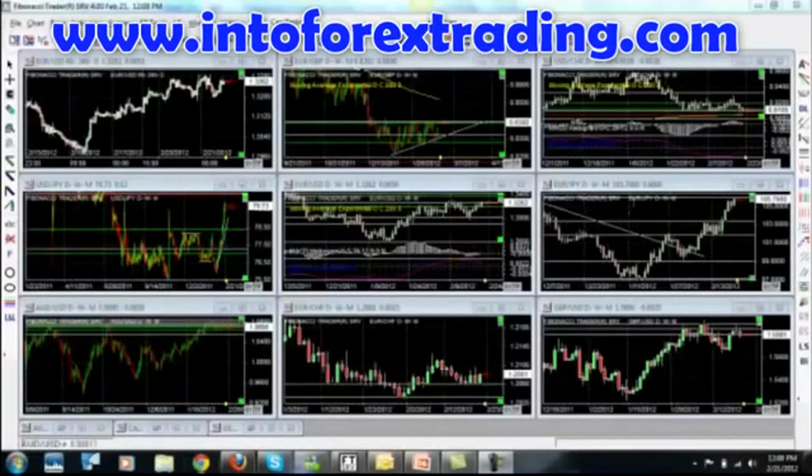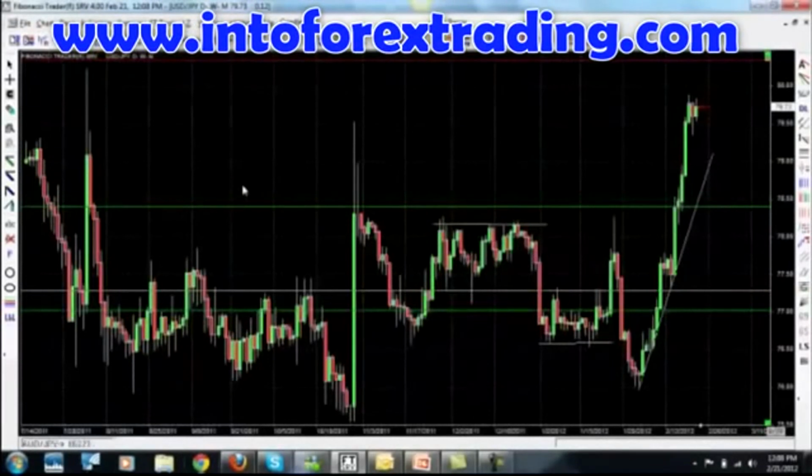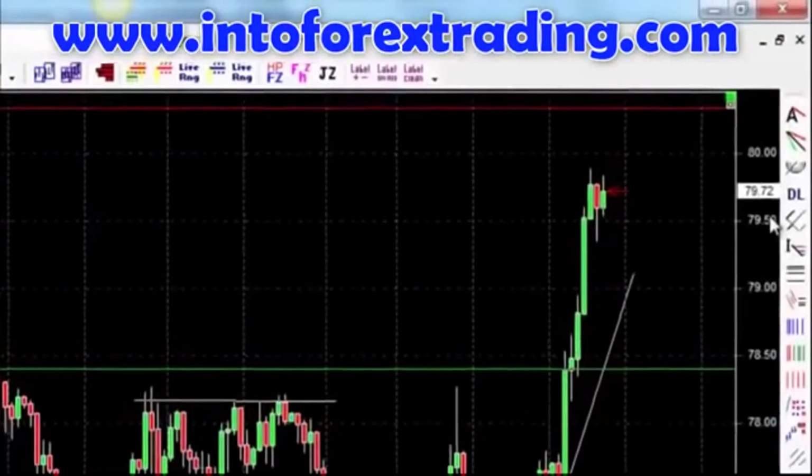Let's look at a pair here. In fact, I had a pair I want to bring up. This is a picture of the chart we just had up a little bit ago. This is a live trading chart, so while we're talking, you may see this price go up and down a few pips. Every one of these points is called a pip, a price index point.